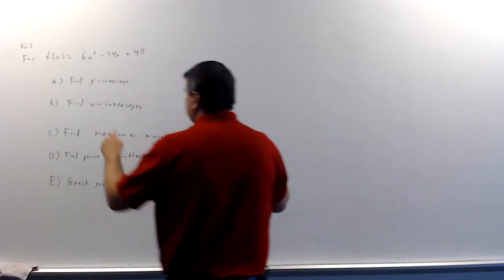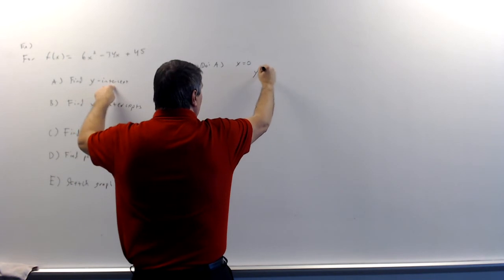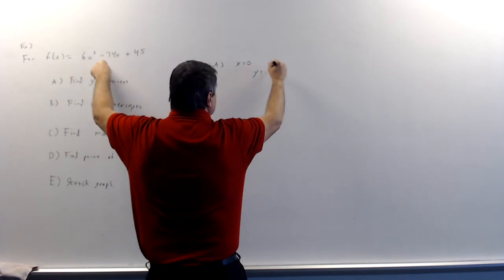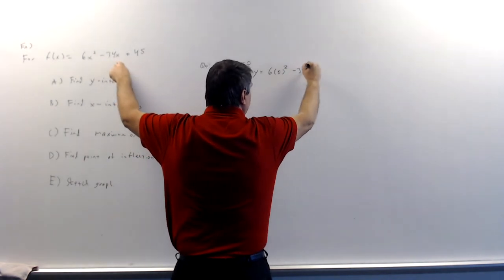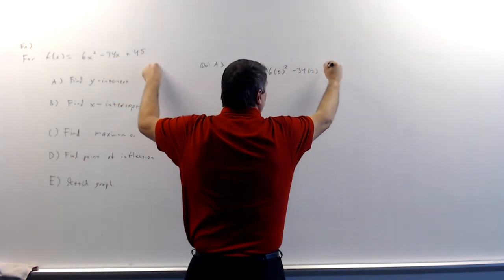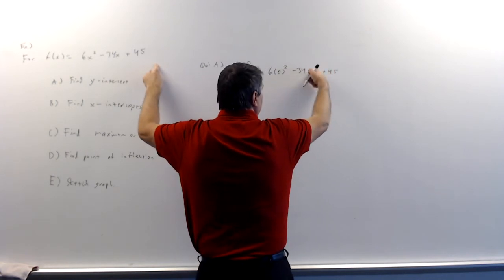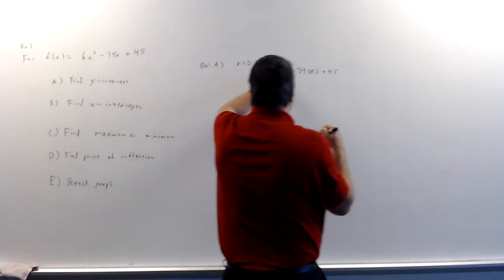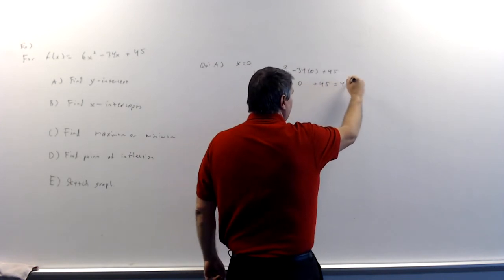So, A, the y-intercept, x is 0. So y equals 6 times 0 squared minus 34 times 0 plus 45. So 0 minus 0 plus 45 is 45.